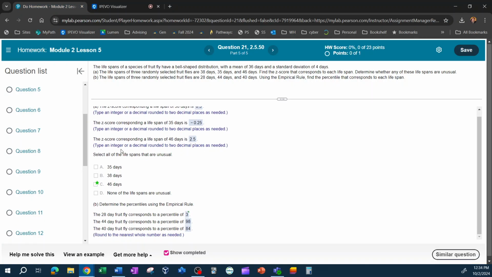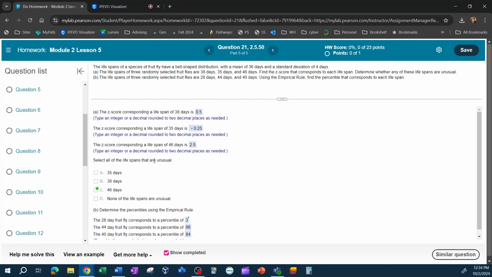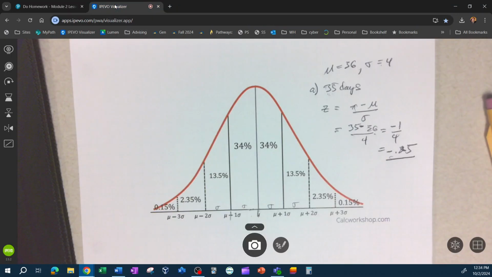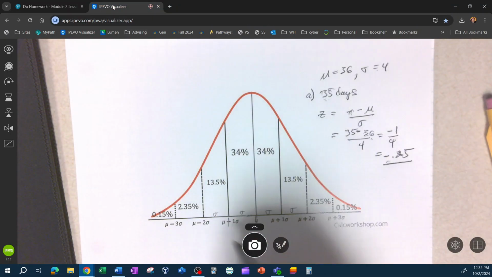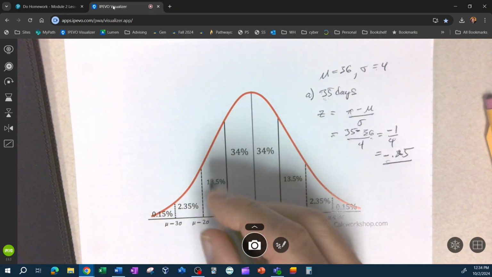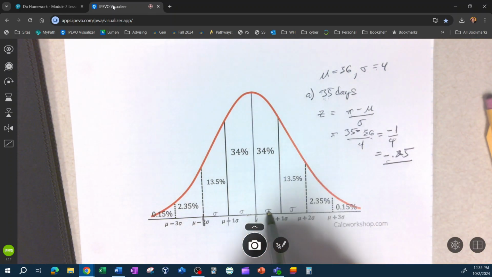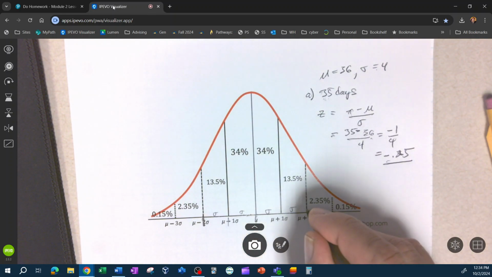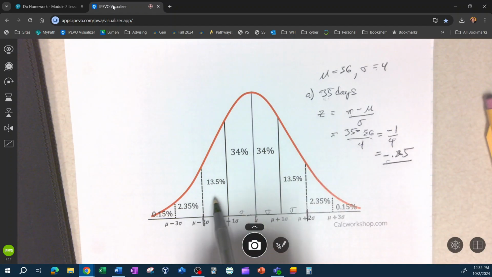The next point here is select all of the lifespans that are unusual. Any z-score, these are all z-scores right here, that is greater than 2 or less than minus 2 is unusual. Why is that? Going out from the mean is 1, 2 in each direction, and beyond that it's outside of 95% of the data.